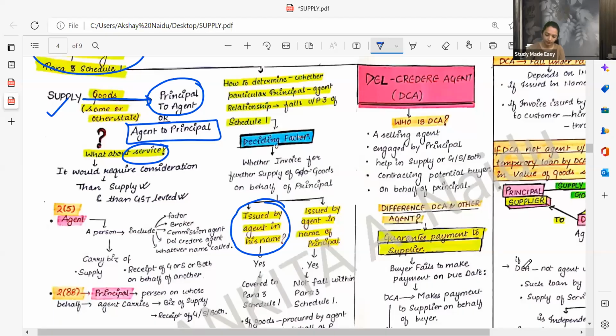Paragraph 3 includes only that agent who has been allowed to issue invoice, who has been allowed to issue invoice in his name.